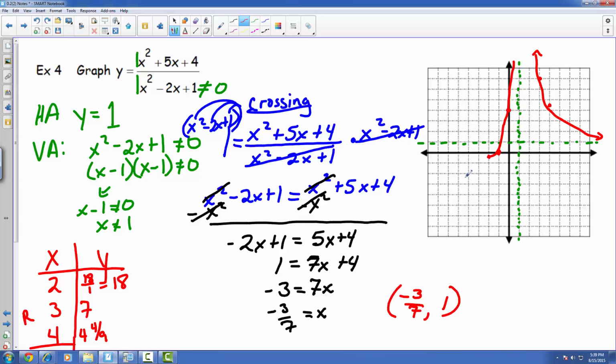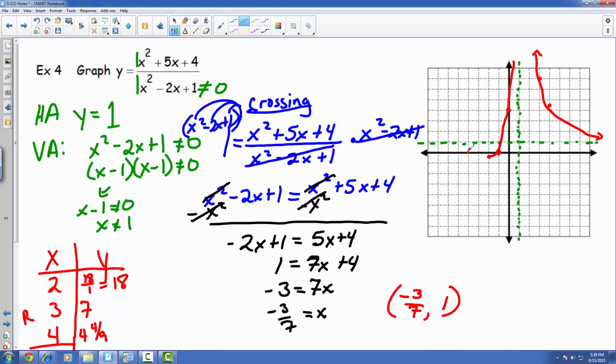Now, when we talked about horizontal asymptotes and vertical asymptotes, we said it should be hugging these asymptotes. Well, believe it or not, it actually does hug this horizontal asymptote. If you graph it by calculator, or plug in more values into your table, for example, if you were to plug in -4, you should end up with a value of 0.